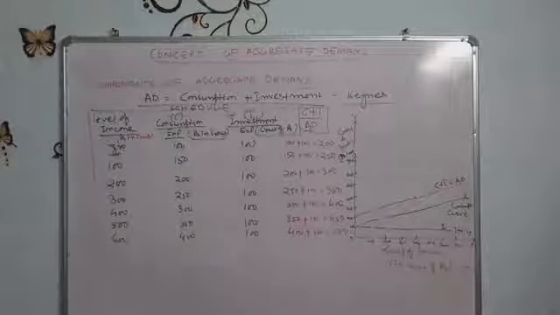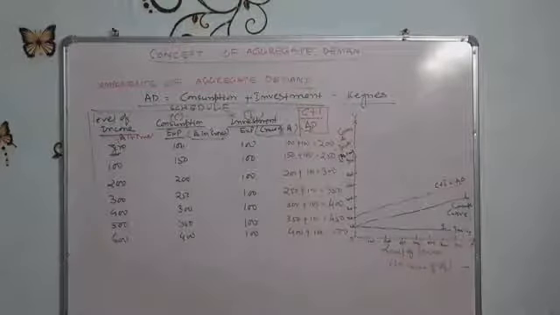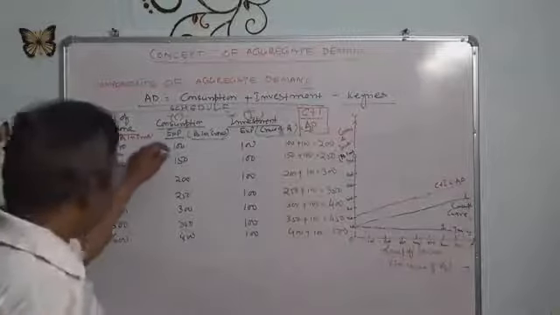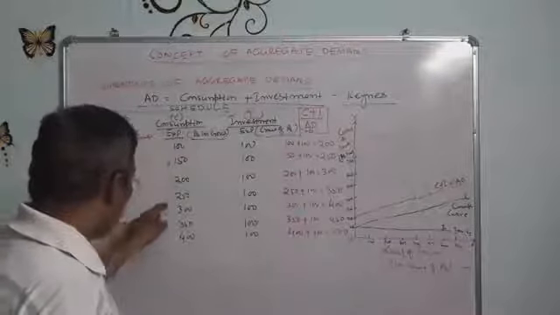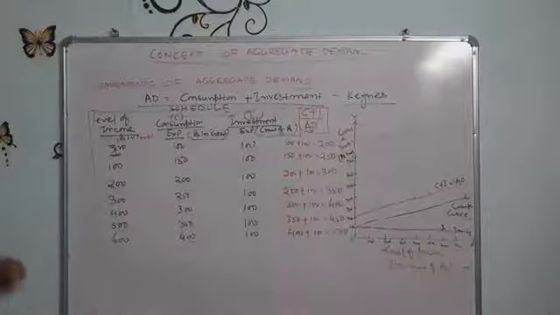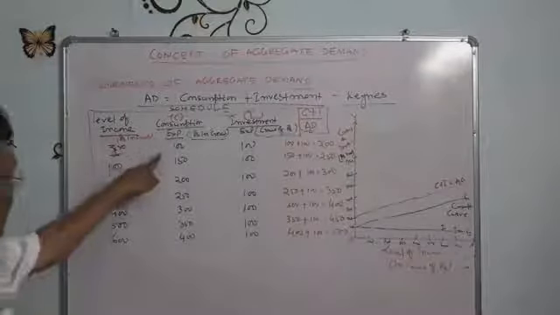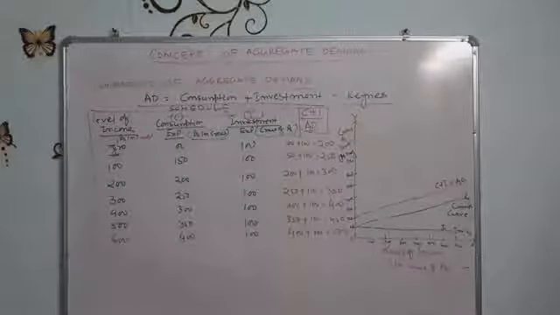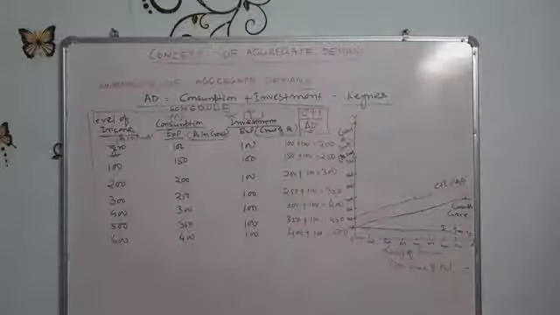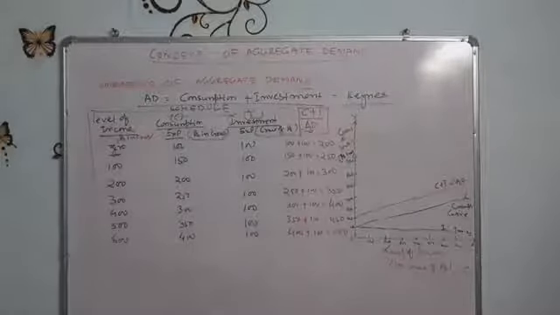But the proportion is not the same. As per my example, I have given a 50 crore rupees increase, but whenever we calculate the percentage, it will not be the same. Investment remains the same because it is autonomous investment.